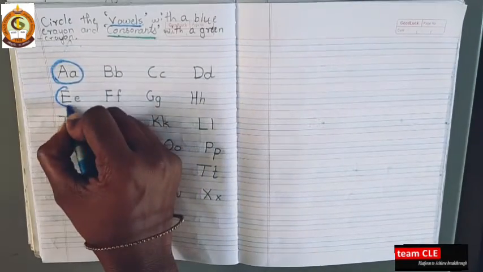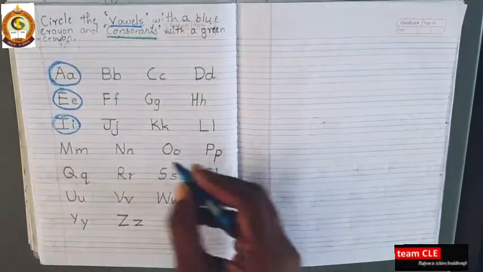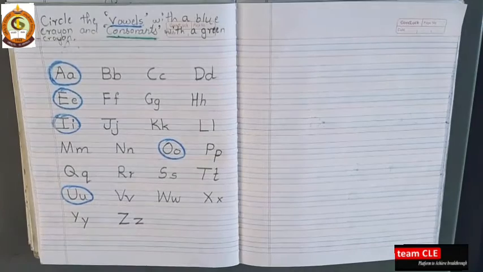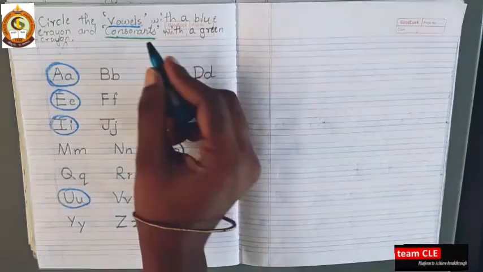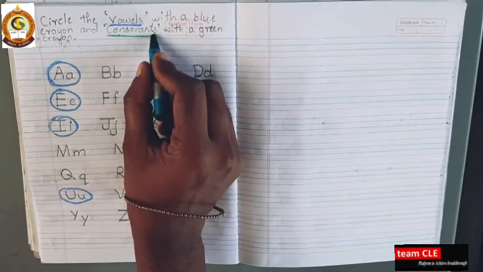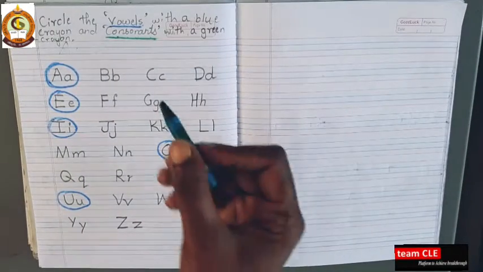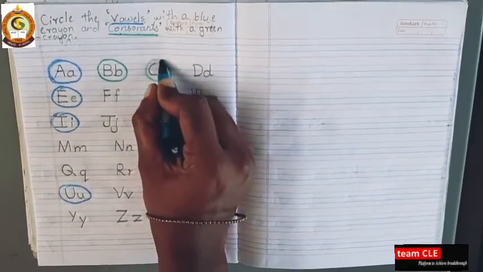A, E, I, O, U. So what are these? Yes, these are the 5 vowels. Next, we have to circle the consonants with the green color. So take the green color and circle the remaining letters.